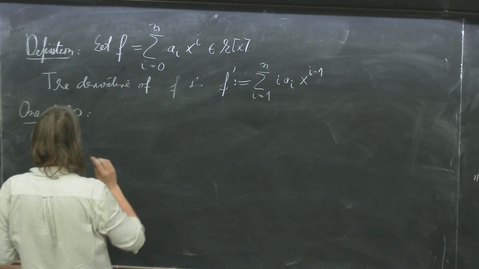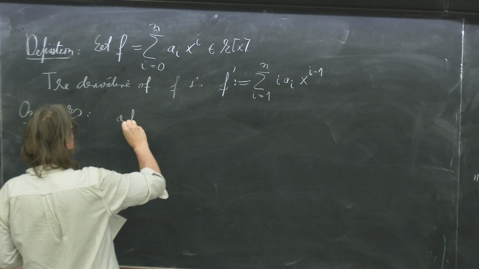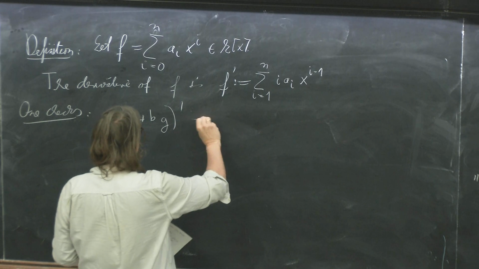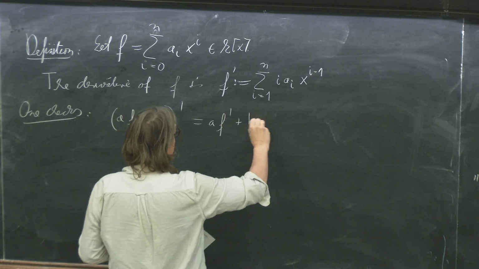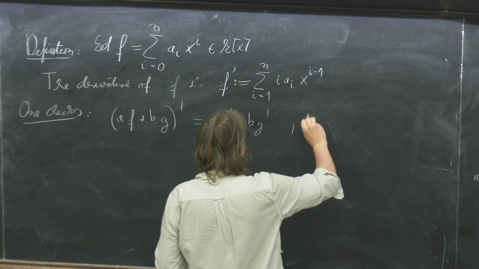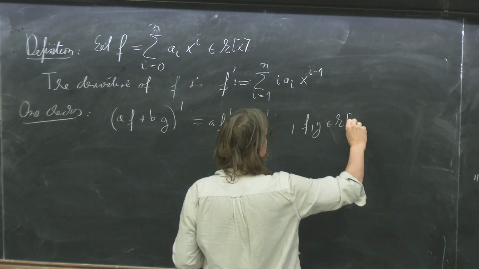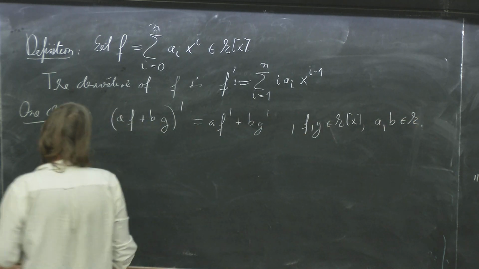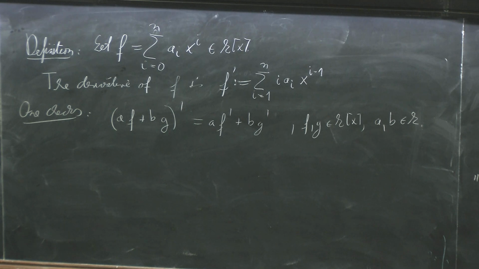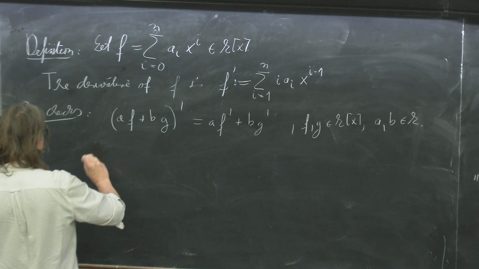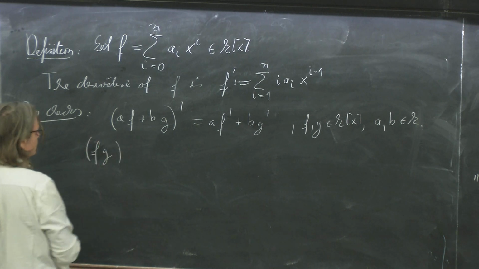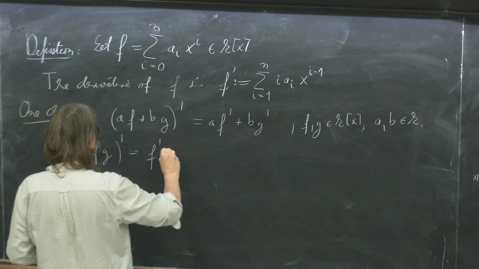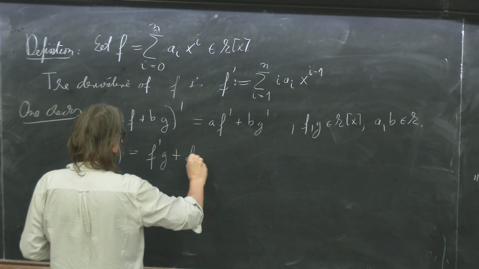So you check that (af + bg) prime is equal to a f prime plus b g prime, where f and g are polynomials, and a and b are numbers in K. So the derivative is linear, and if I take the derivative of a product, again f and g polynomials, this is equal to f prime g plus f g prime.